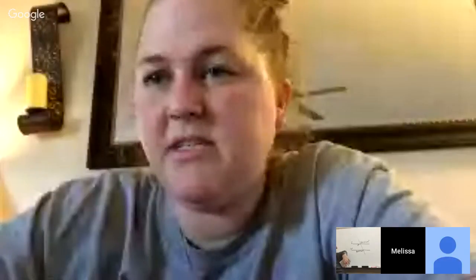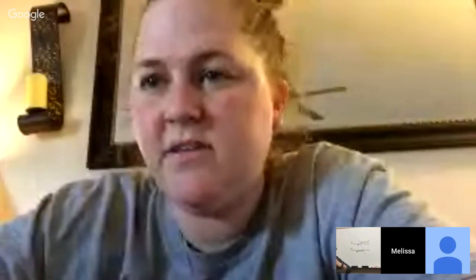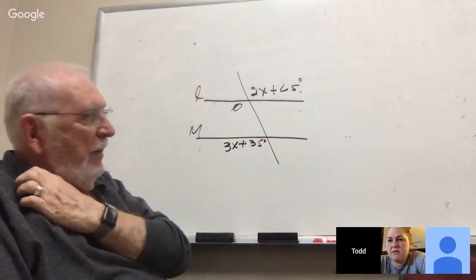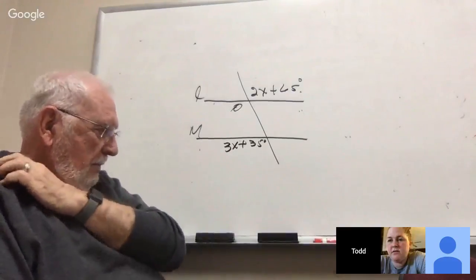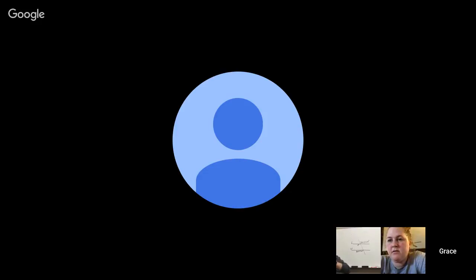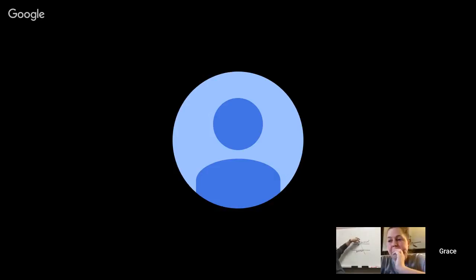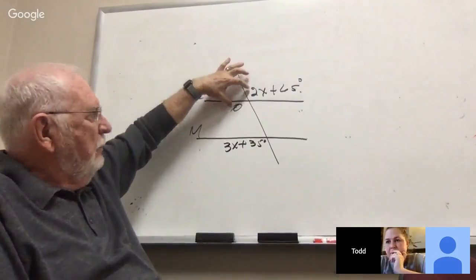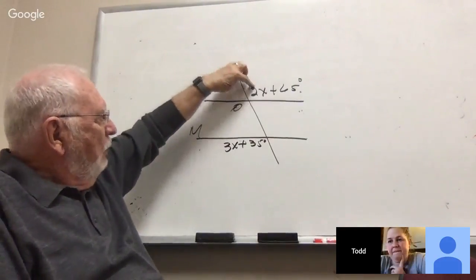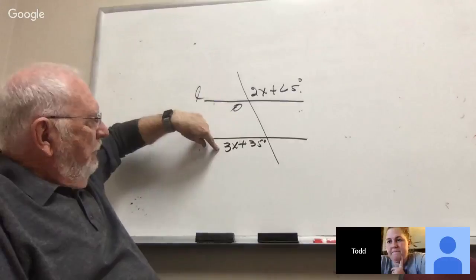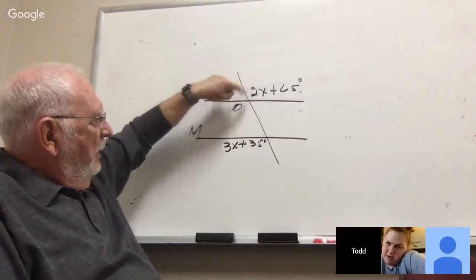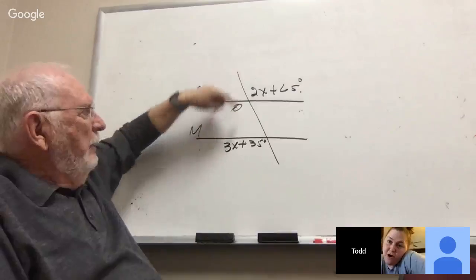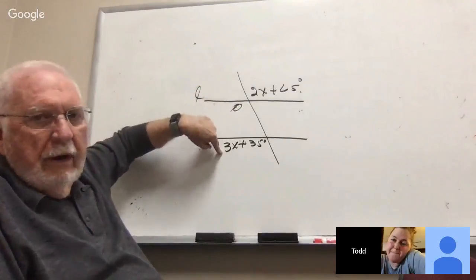Isn't it the same as the 2x plus 65? Yes, but 2x plus 65 is not a degree measure. You're right, these two are vertical angles. That's what we call vertical angles. But what's this angle and this angle? They're alternate exterior angles.